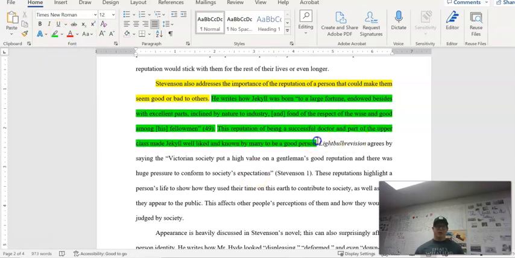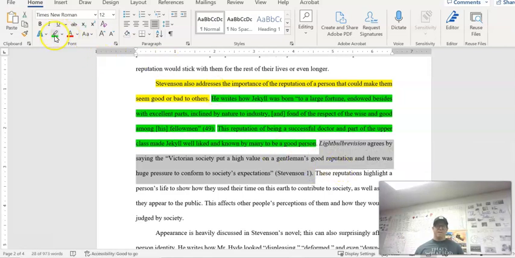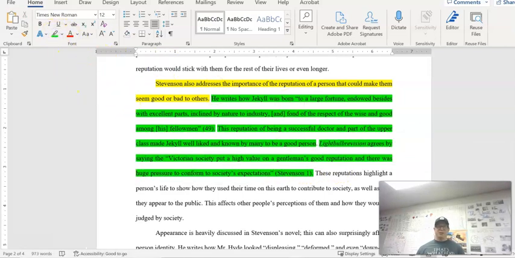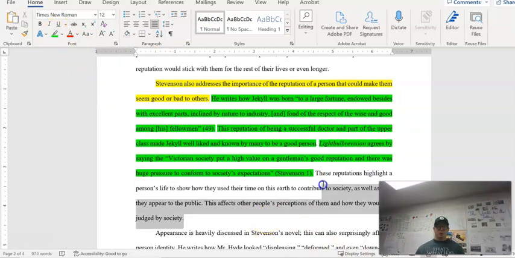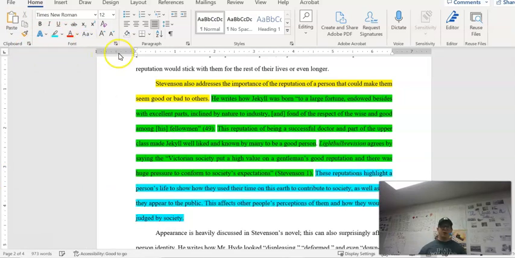Okay. Leibel argues this. That is also research, data, summary. Which means that this right here is analysis. If you recall my lesson on how a paragraph should be formatted: claim, support, analysis.